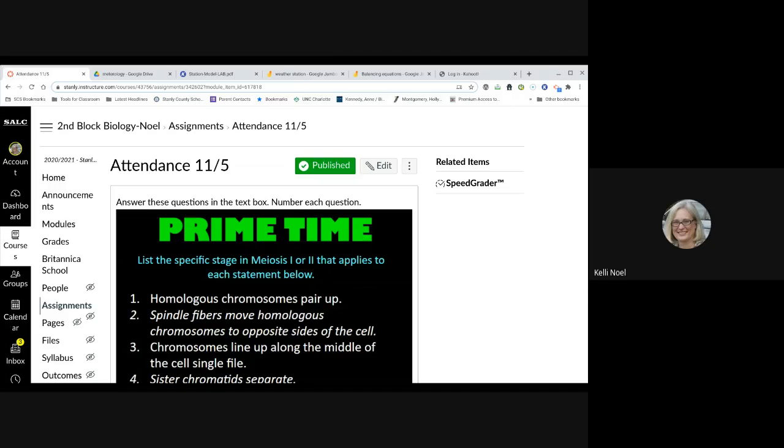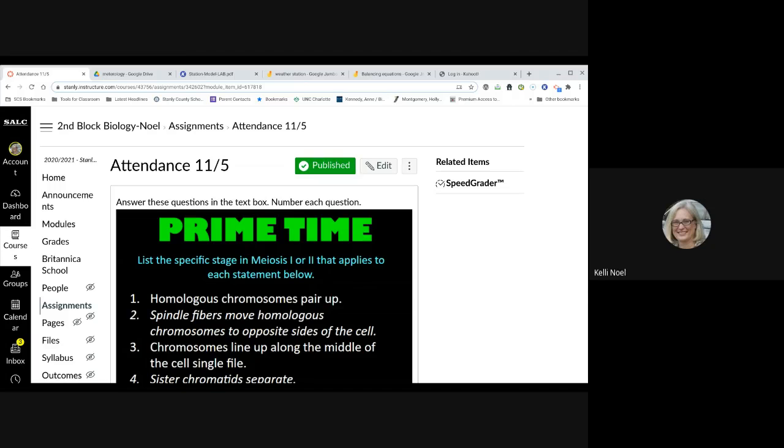So these are lined up in the what? They're pairing up, so they are in the, this is my cell. Are they on one side or are they in the middle? Middle. That narrows me down. Which one means middle? Middle starts with an M. Metaphase.